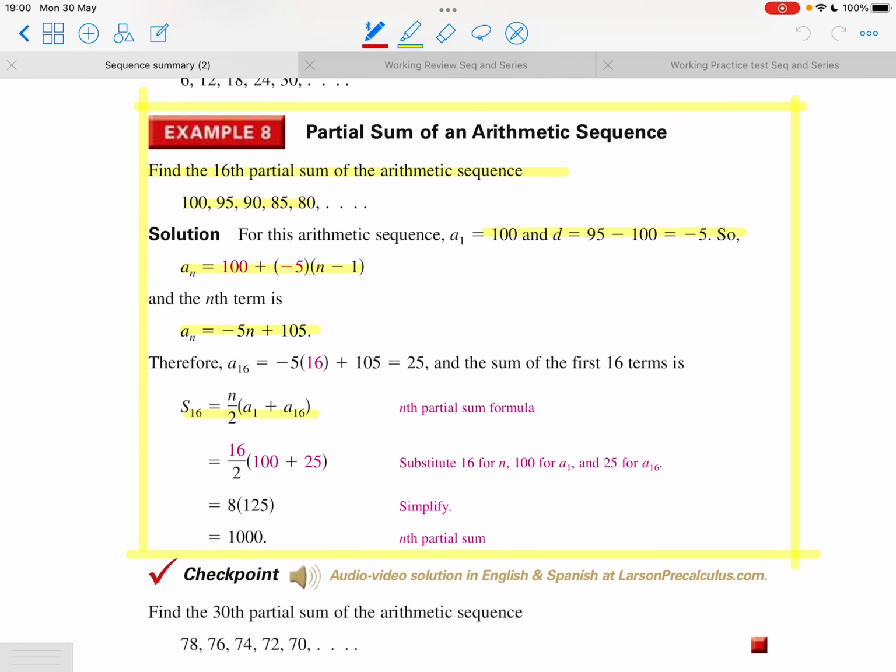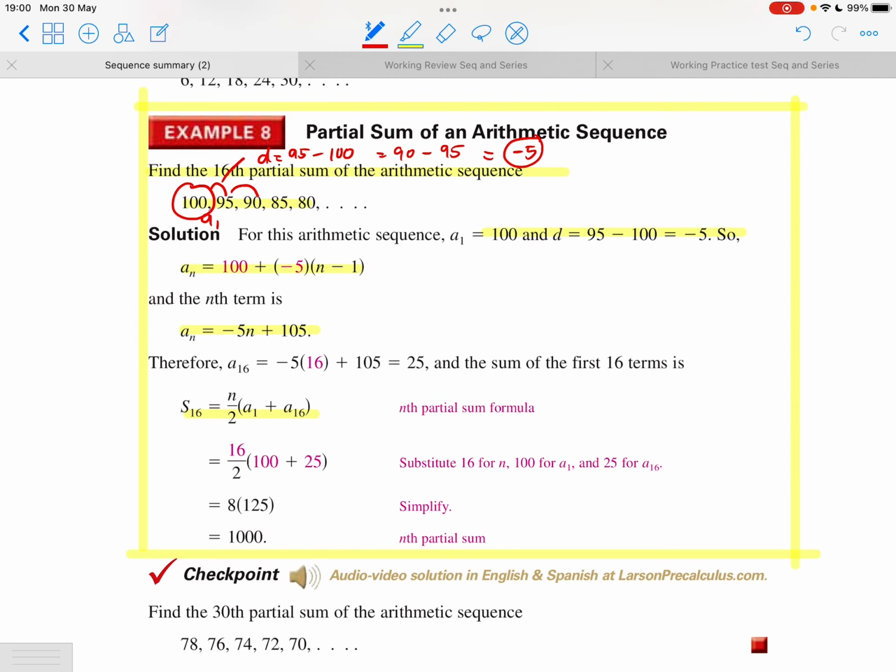Another example: find the 16th partial sum of this. So a1 is 100. And then we find the gap. d is 95 minus 100 equals 90 minus 95, which is minus 5.